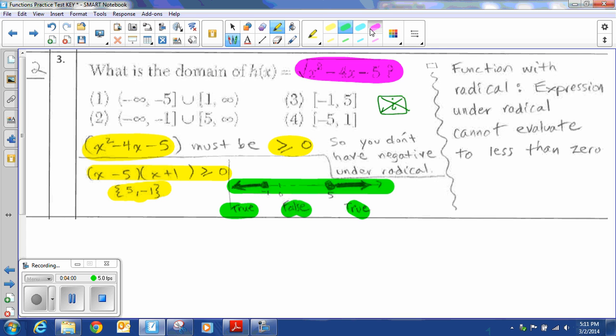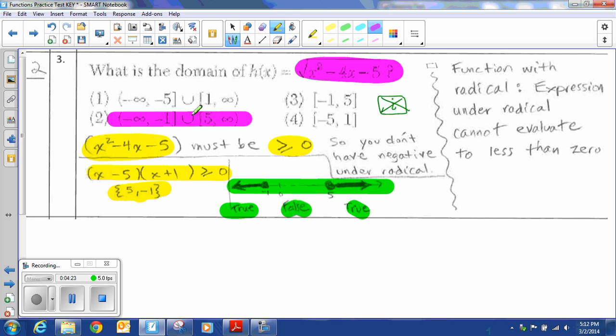Now, what does all this mean right here? Basically, this is interval notation. This parenthesis means it's negative infinity up to negative 1, and the square bracket means including negative 1. That's why this is a filled-in dot.